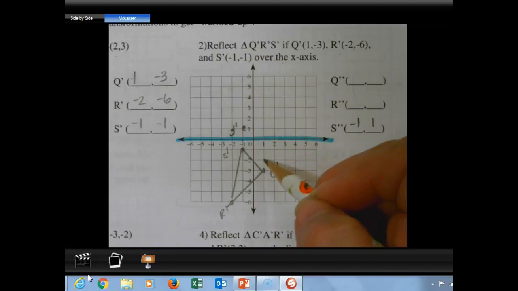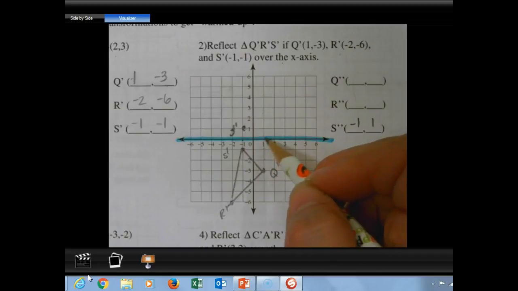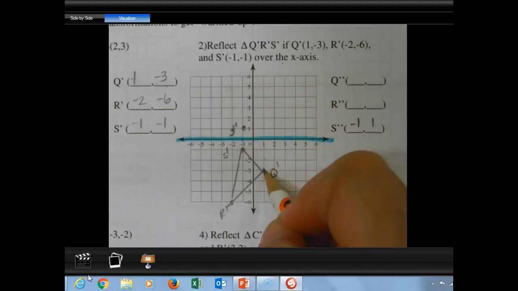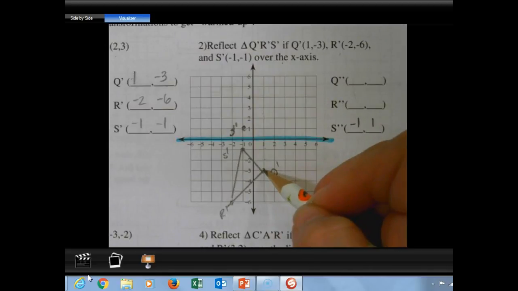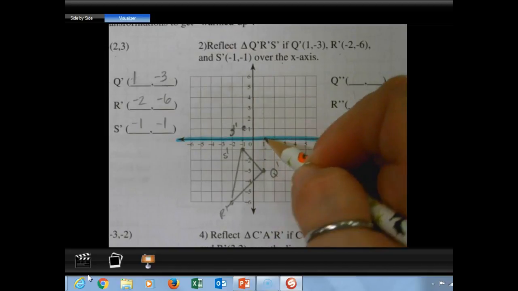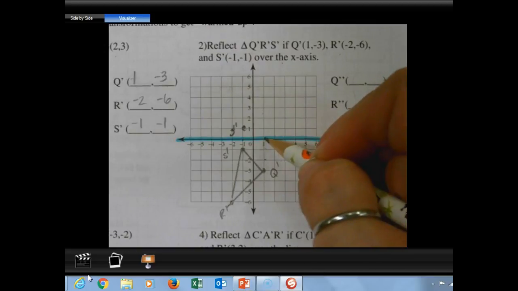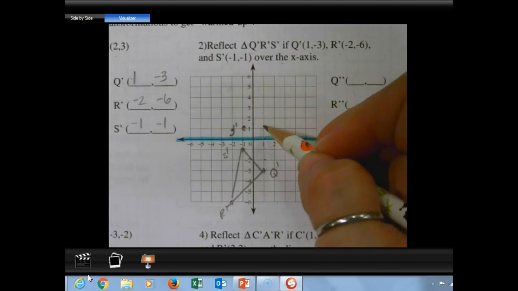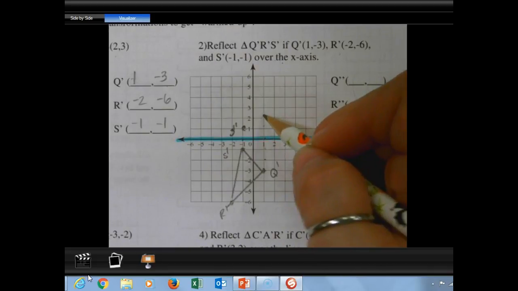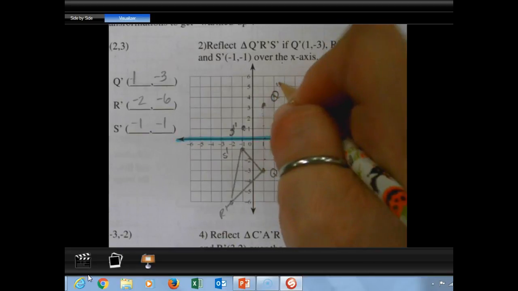So I need to count to my line of reflection. So for Q, I would count how many spaces, Nate? Count with me. 1. Then I continue 3 more spaces beyond my line of reflection. Count with me, Nate. 1. This becomes Q prime prime.